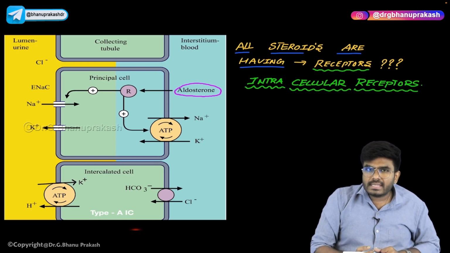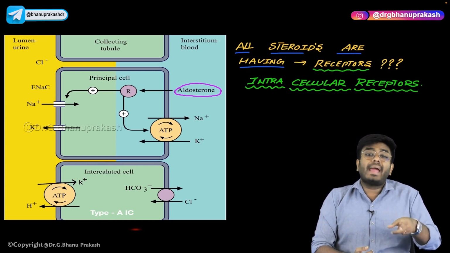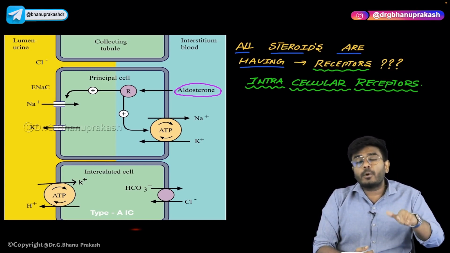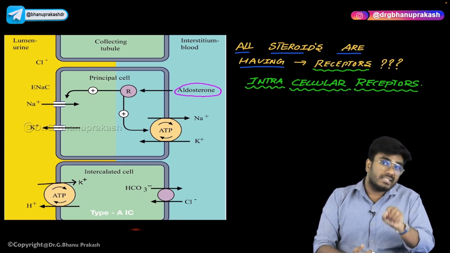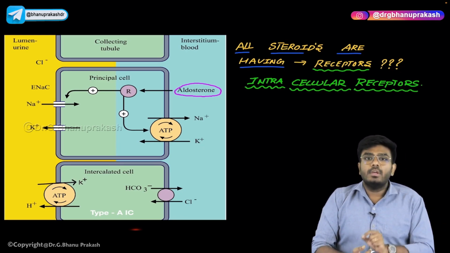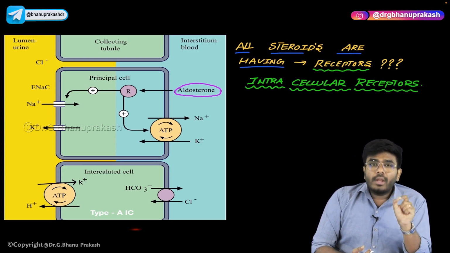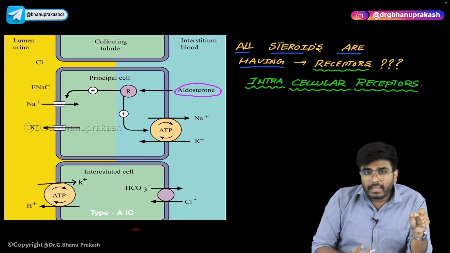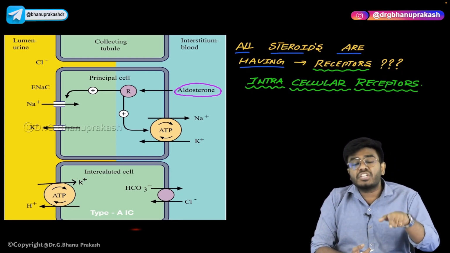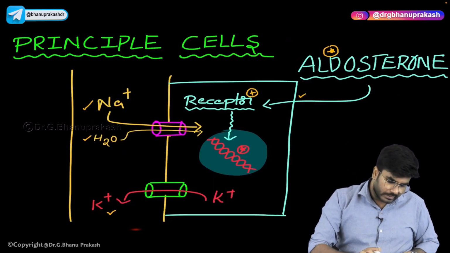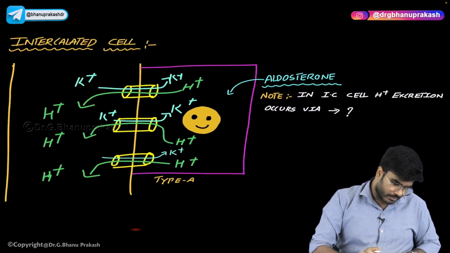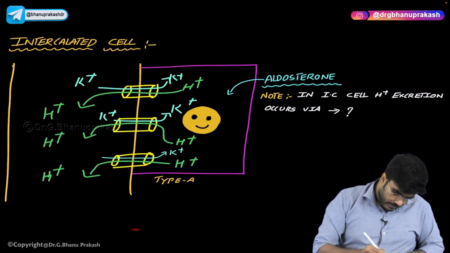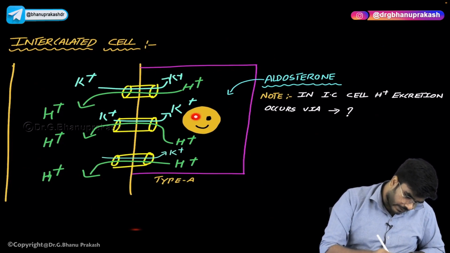So, can I call this a proton potassium antiporter or proton potassium exchanger? Yes, this is the exact MCQ they can ask you in the exam. The proton excretion in an intercalated cell is mediated by the proton potassium exchanger or antiporter. This is our intercalated cell.